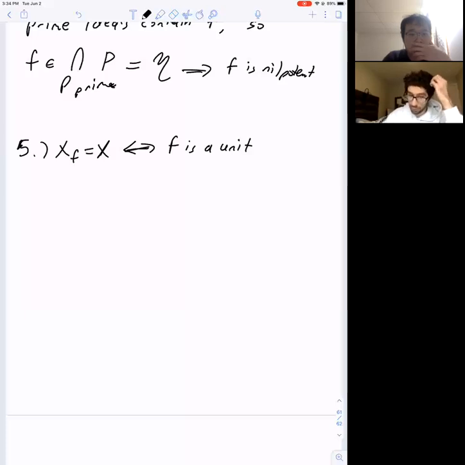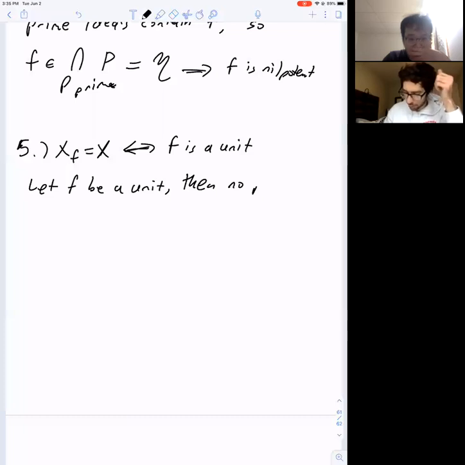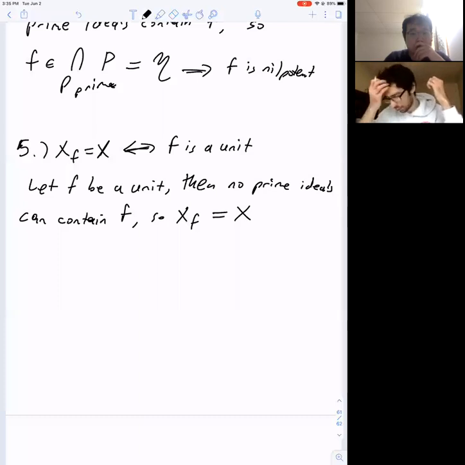How do we prove that a basic open set is the set of all prime ideals if and only if f is a unit? Let f be a unit, then clearly no prime ideal can contain f. So clearly all prime ideals are an element of X sub f.